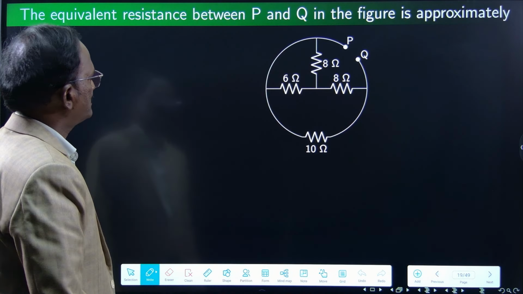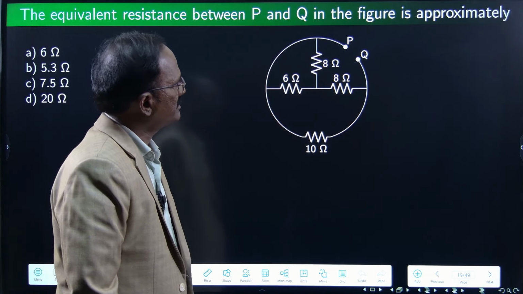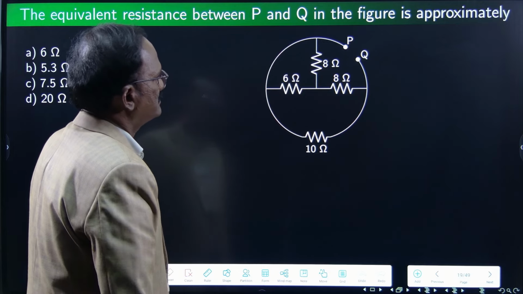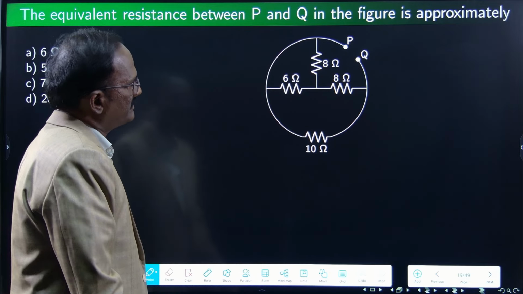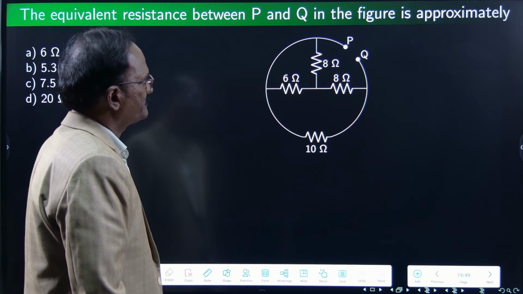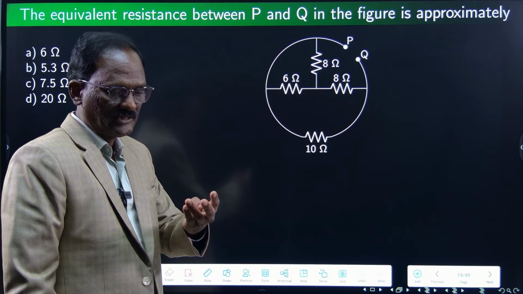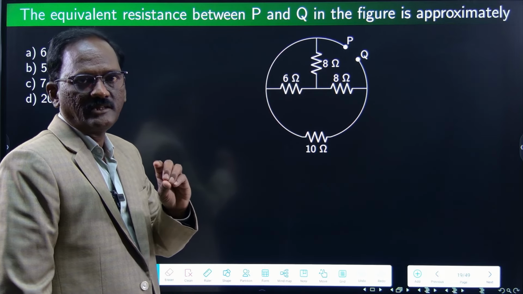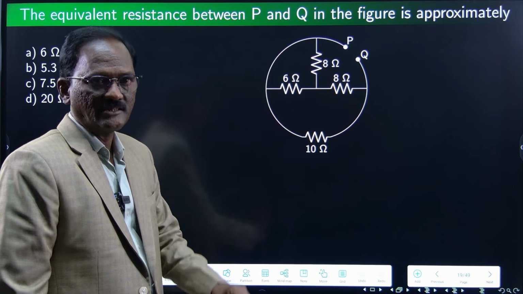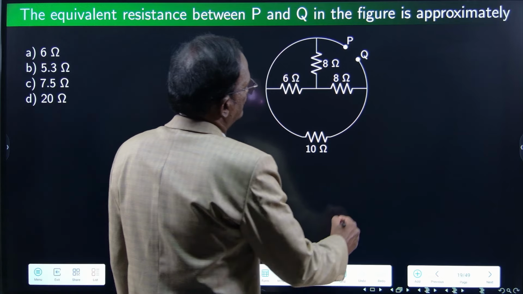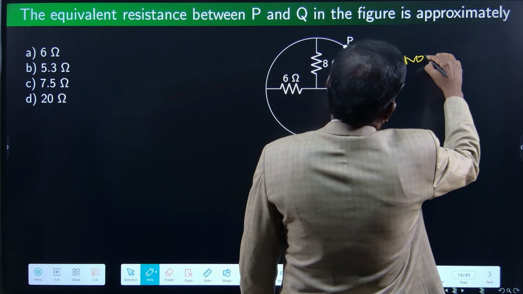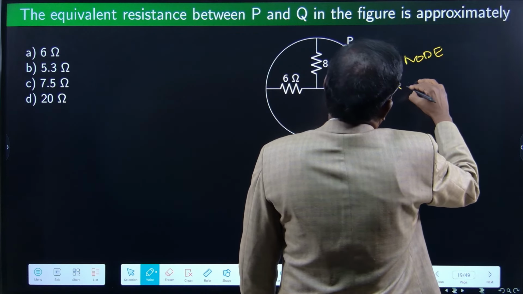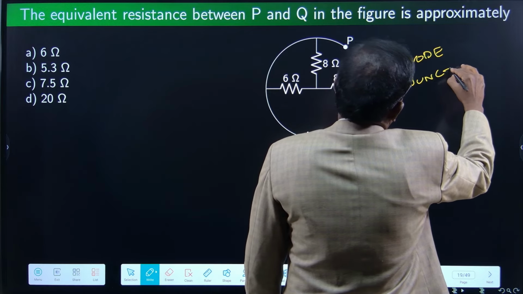The equivalent resistance between point P and Q in the figure is approximately what? Right. P and Q. Again we will use the trick. A short circuit is a node or junction. Both are the same words, node or junction.